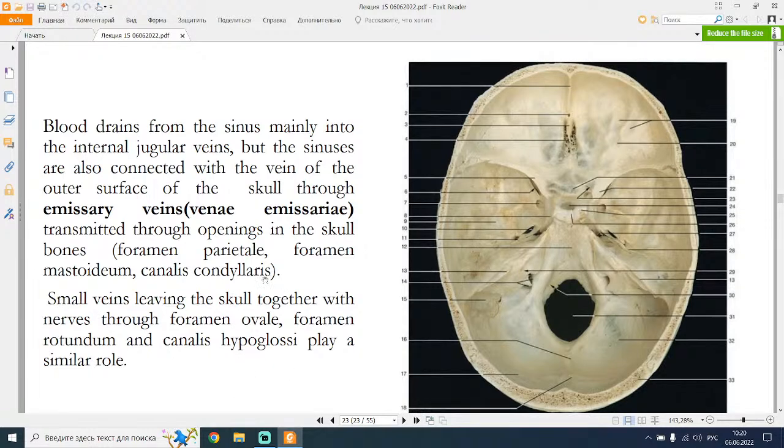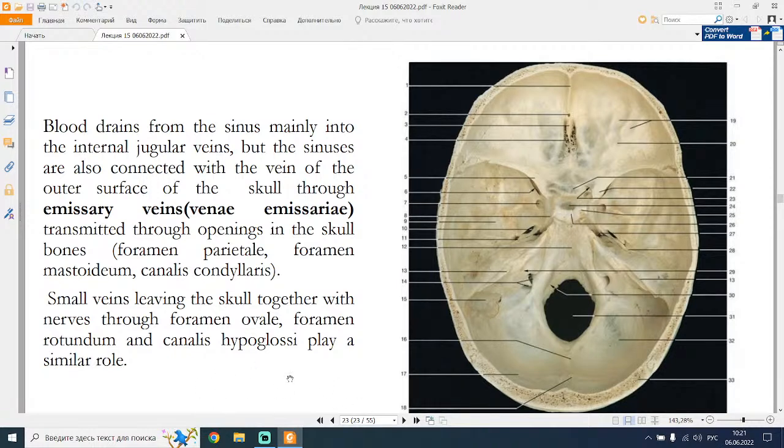Blood drains from the sinuses mainly into the internal jugular veins, but the sinuses are also connected with the veins of the outer surface of the skull through emissary veins.